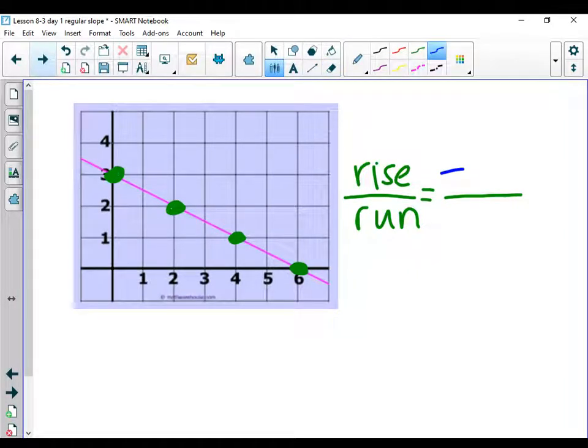So Preston, how many did you go down? 1. Mason, do you know how many we should run? 2. Let's check. Weston was starting here, right? Down 1, run 2. Zach starting here. Down 1, run 2.